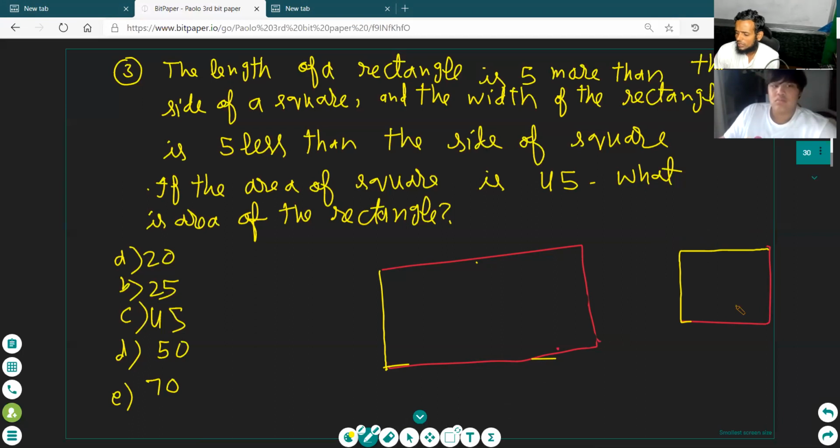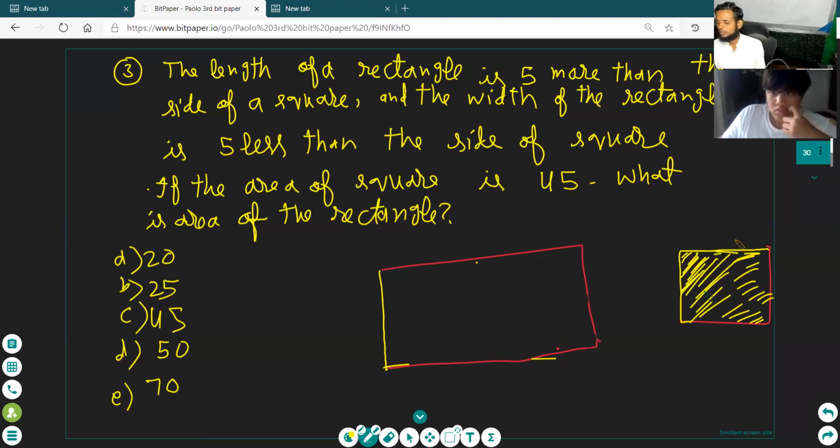Now, this area is given. See, is the area of the square given or not given? What is its value? Write the value of the area of the square. No, wrong.